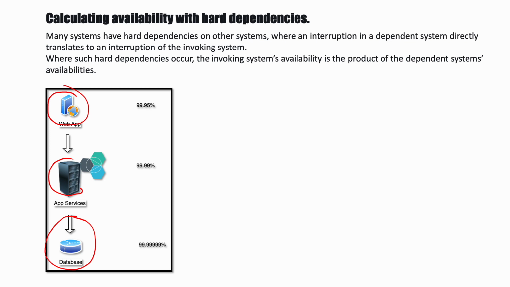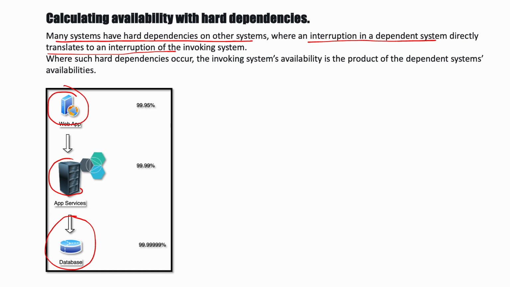Let's read the technical description. Many systems have hard dependencies on other systems where an interruption in a dependent system directly translates into an interruption of the invoking system. Which means if the database is down, it directly means app services and the web app are also down.